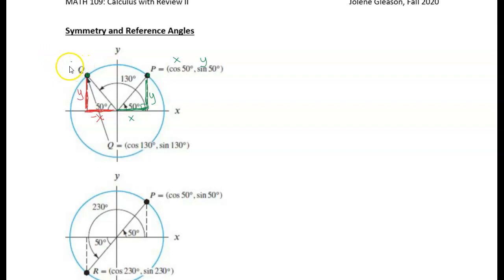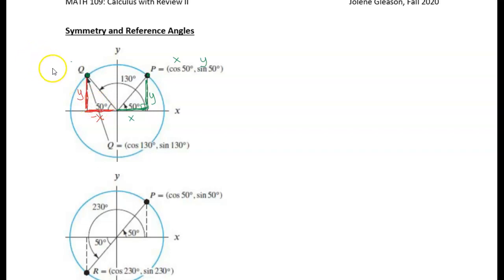So what's interesting is that the coordinates of this point Q, which is at 130 degrees, will be almost identical as far as magnitude goes to this point P. It's just that this is in the second quadrant now, so the x is negative.